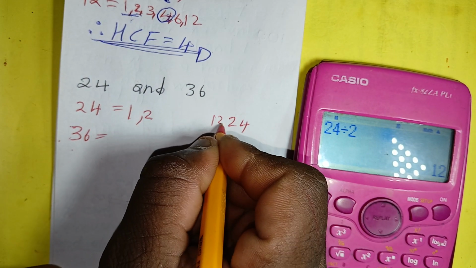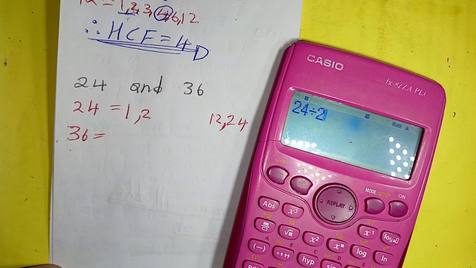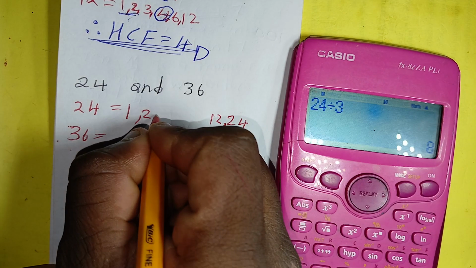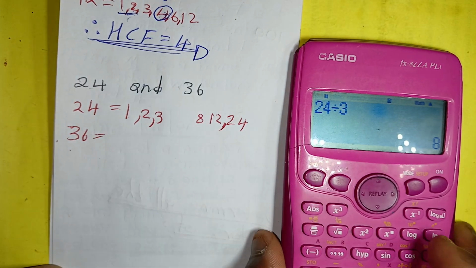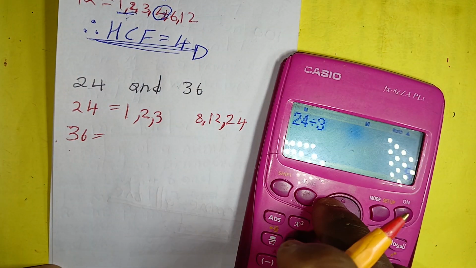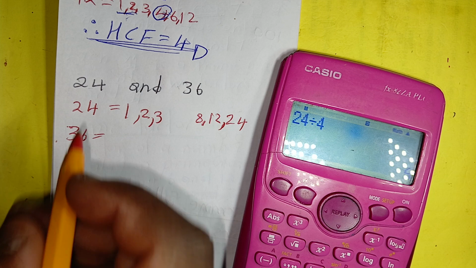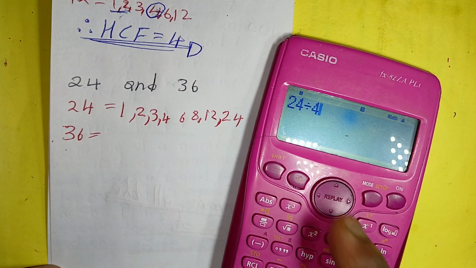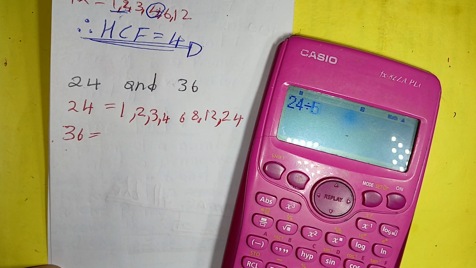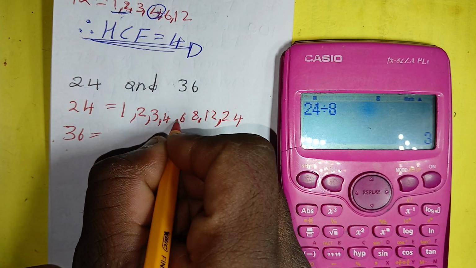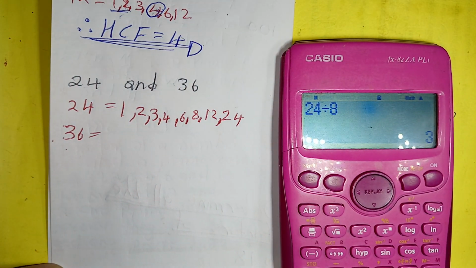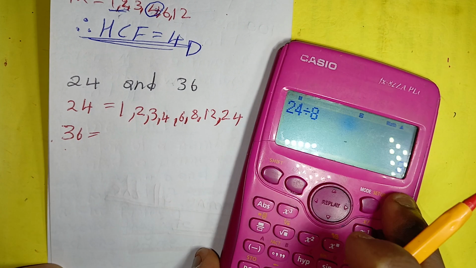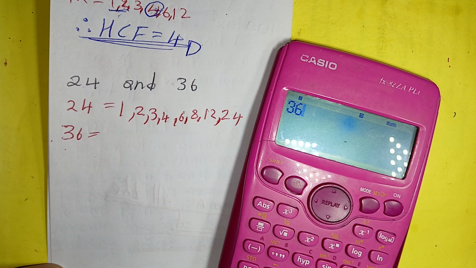Say 3, meaning 3 and 8 are factors, and also 4, meaning 4 and 6 are factors. Now let's try 5. 5 is not a factor. 6, 7, 8 are repeating factors. So these are the factors for 24.